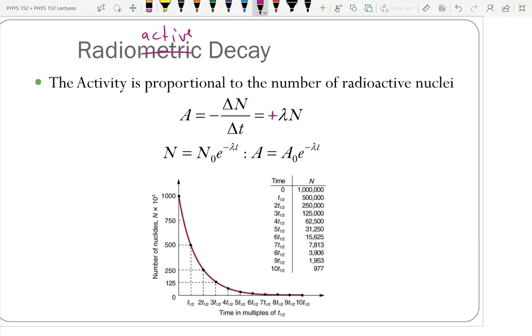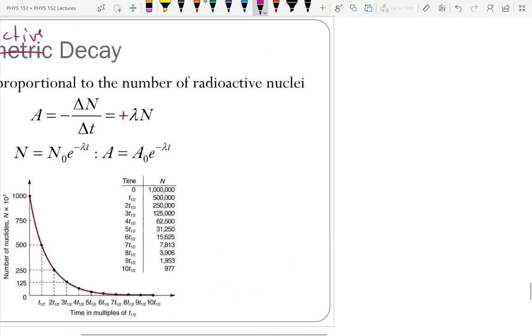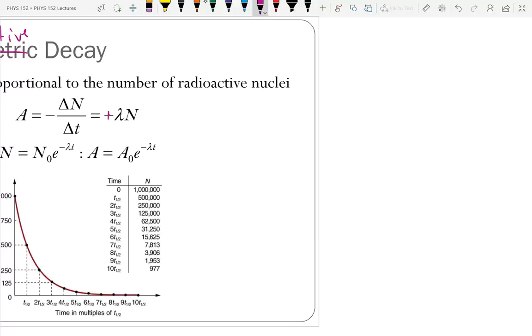So I changed one sign, so now my signs are correct. The activity is going to be this decay constant lambda times the number of nuclei. But the activity is the rate of change. Now, we don't have calculus except for two people here. But with calculus, we would write this equation as dN/dt is equal to minus lambda N. I just moved this minus sign across.